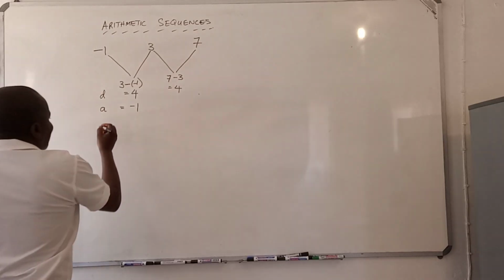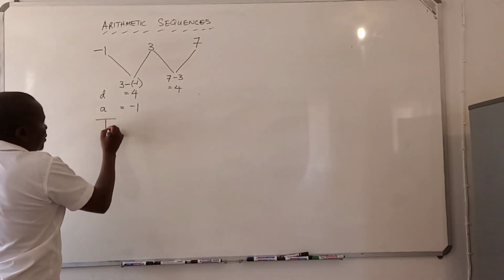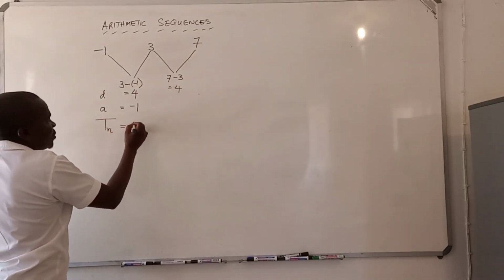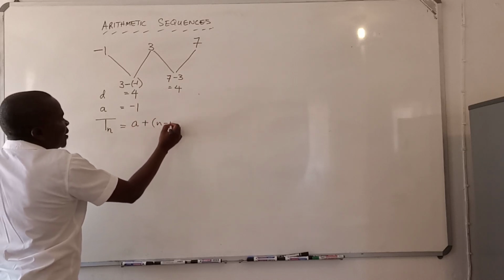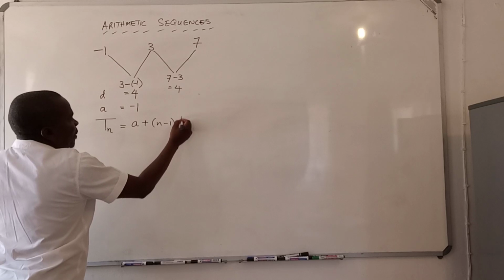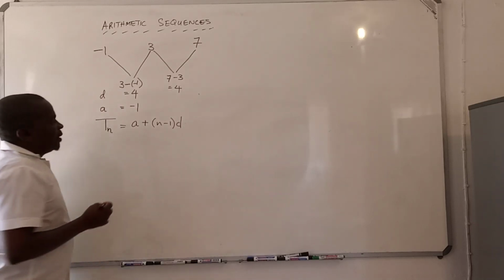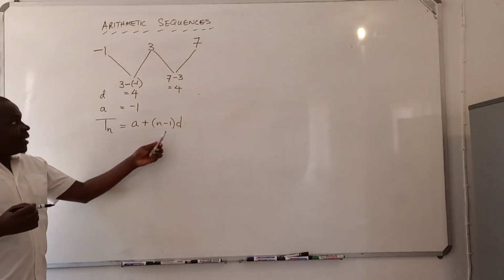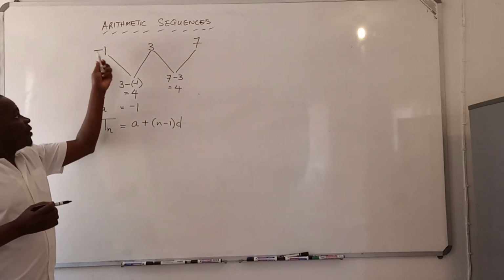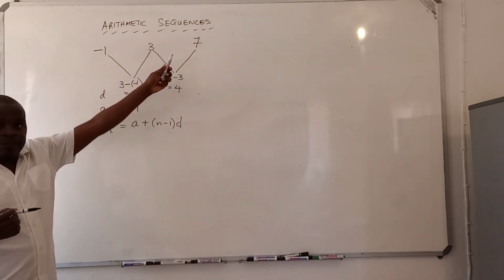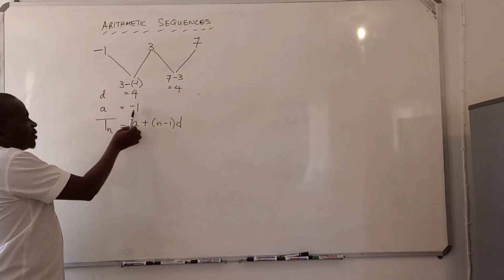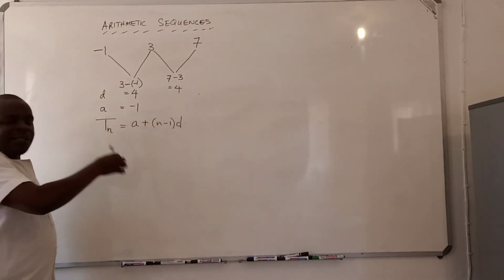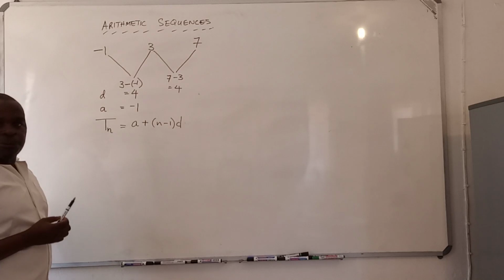Now, the general term which we derived is Tn is equal to A plus (n minus 1) multiplied by D. Now, to find a general formula for this sequence, we simply substitute D is equal to 4 and A is equal to negative 1, and then simplify the expression.